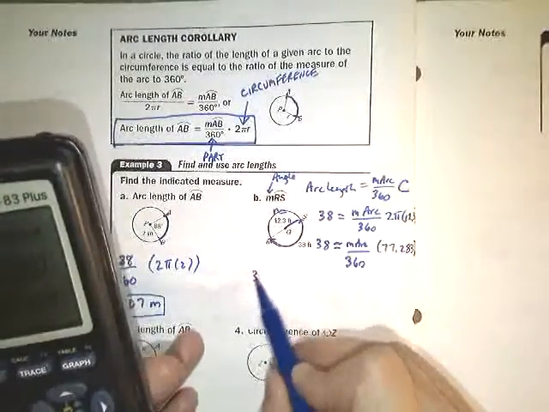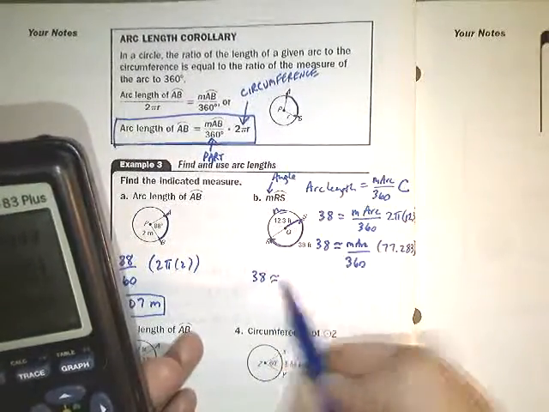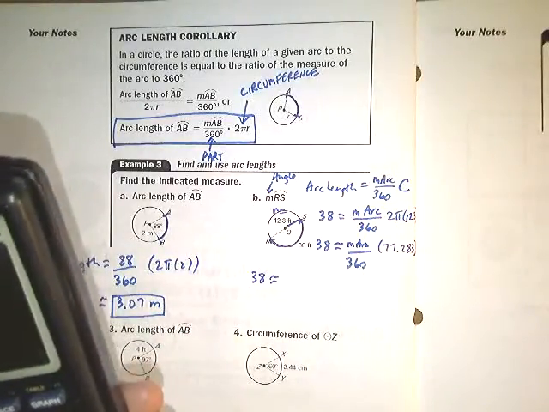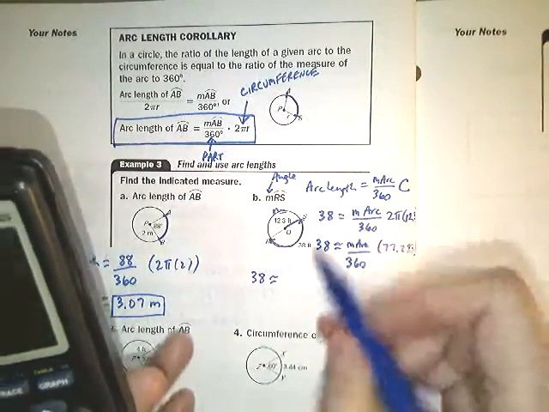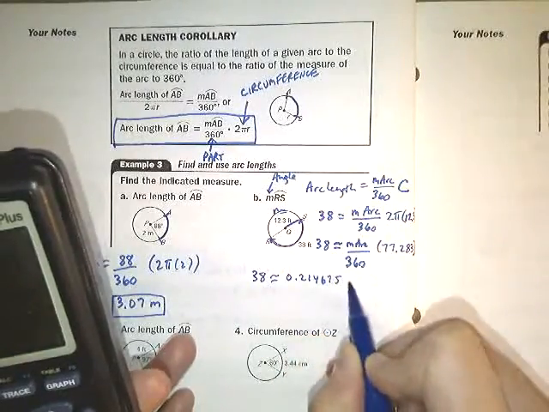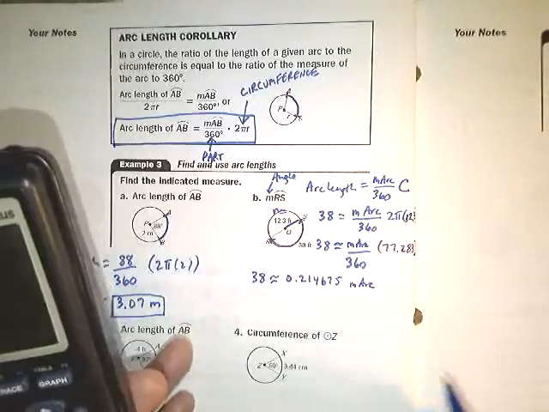And then what I'm going to do is I'm going to take that and divide it by 360. So I get 0.214675 times the measure of the arc.